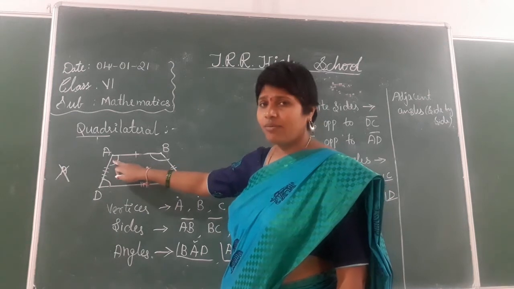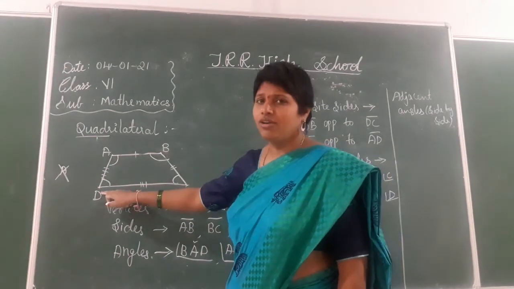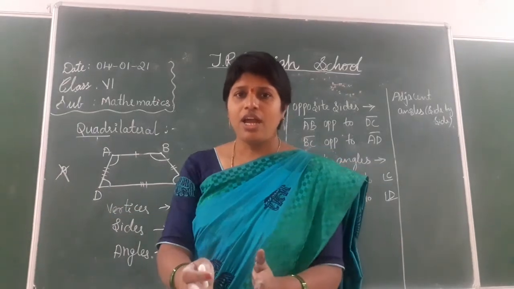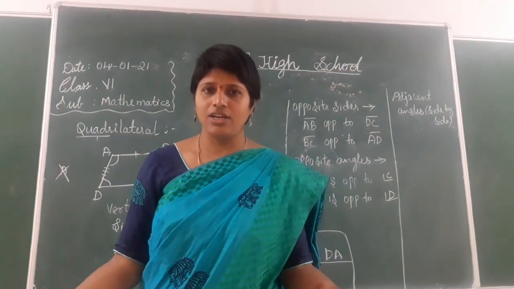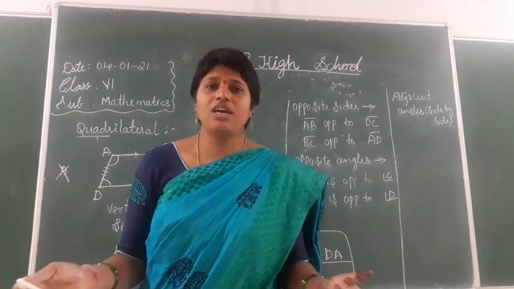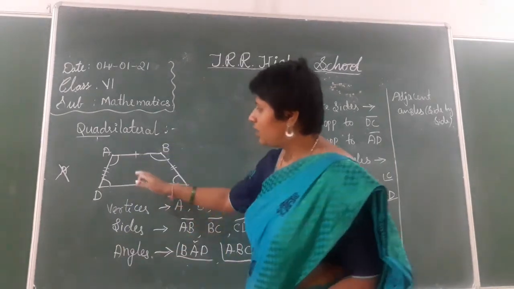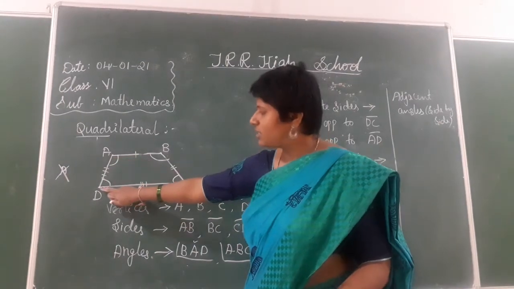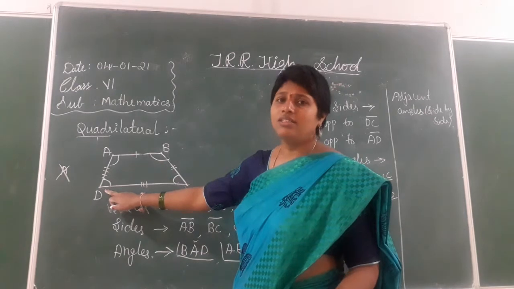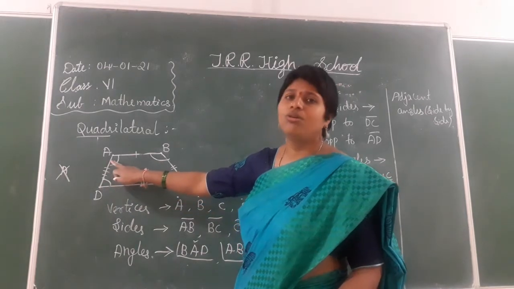Which are B and D. So these two are adjacent. If you are sitting in the middle and two friends are sitting on either side, those two friends are adjacent to you. So these two angles are called adjacent angles to A.